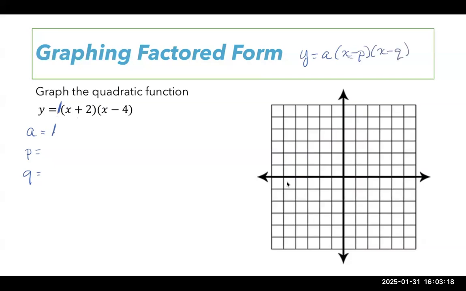So again, the minuses are part of the structure. And so the p-value in this case for x plus 2 to have come from x minus something, that something must have been a -2. So we have a -2 for p, and then here our x minus 4 means that the 4 is the q value.